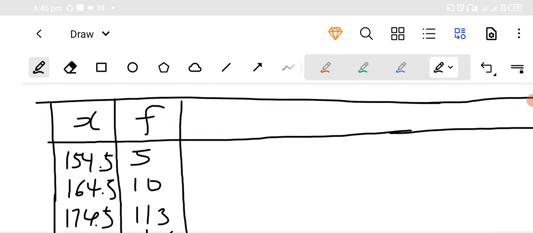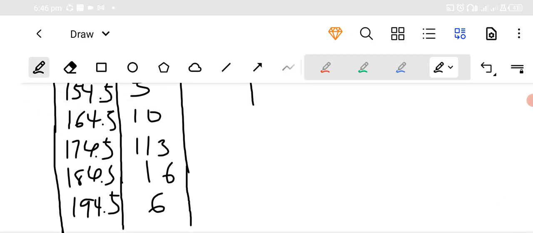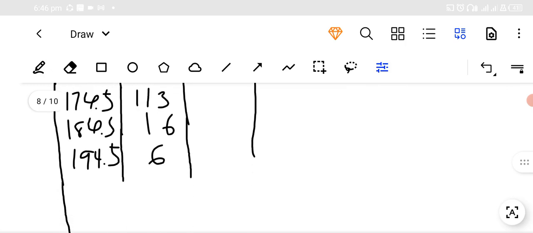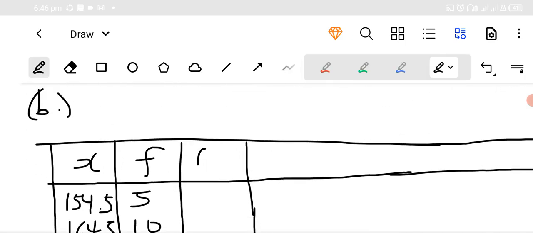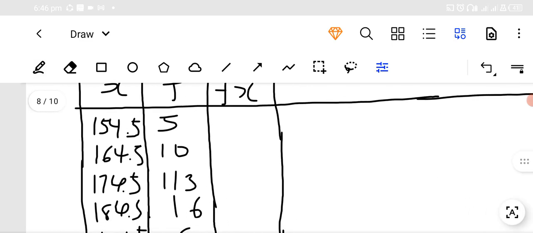The next column is x times f. So I'm just going to increase it a bit. Let's try to draw it down. Okay. So what is our x times f, which is fx? Start multiplying across. x times f is 154.5 times 5.